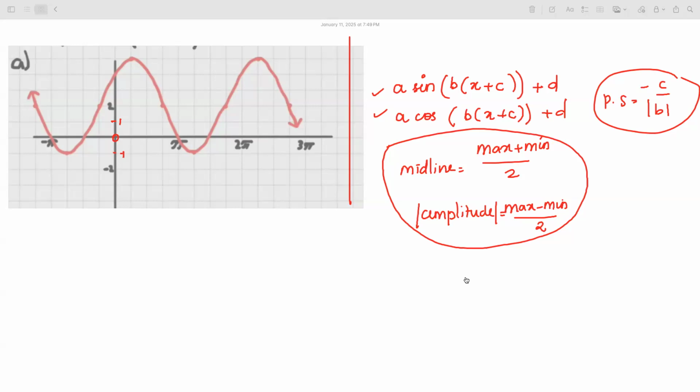3 sine. Bhuvanesh. Okay. Frequency is 1 by 8.